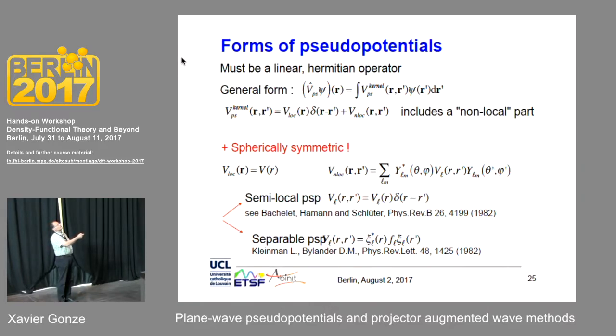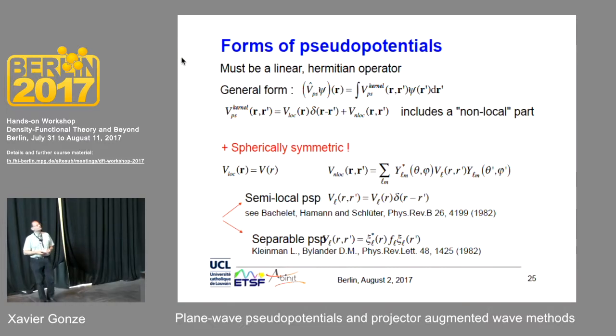We define a linear and Hermitian operator, and a linear and Hermitian operator is characterized by a kernel that, integrated over R prime with the wave function, delivers a function evaluated at R. The kernel might have, broadly speaking, of course, a local part, but also a non-local part.